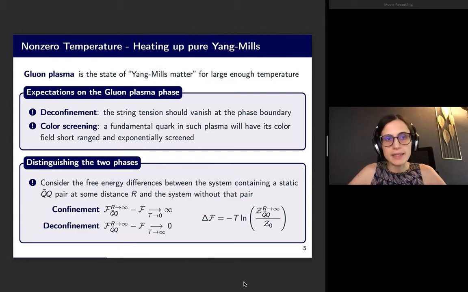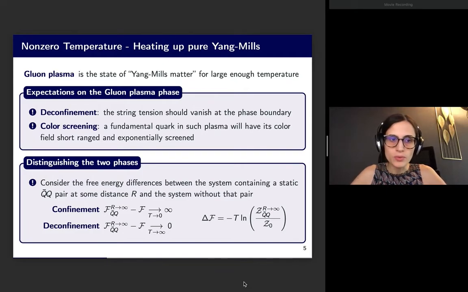And the other characteristic of the gluon plasma phase is color screening, meaning that a fundamental quark that you would introduce in such a gluon plasma will have its color field short-ranged and exponentially screened after some typical length scale. And now that we know that there are these two phases, we should discuss together how we can distinguish the two phases in this theory.